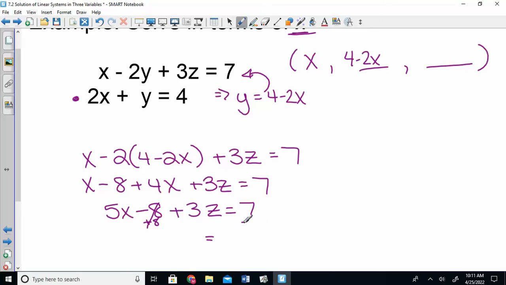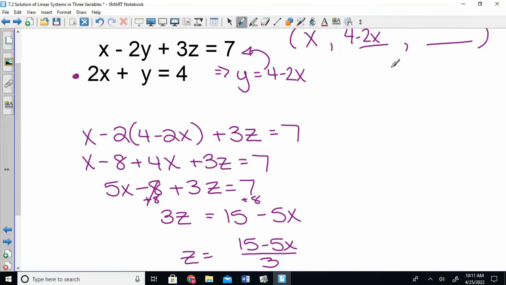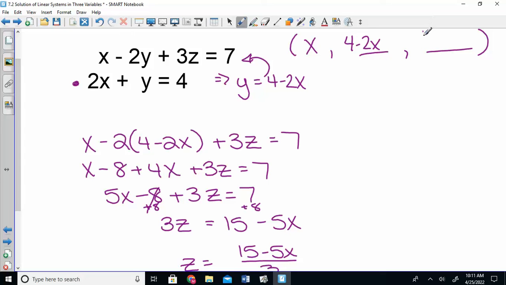So if I add over my 8, subtract over that 5x, and then my final step would just be to divide by 3. So we get 15 minus 5x divided by 3. Or you could write that as 5 minus 5/3x. Those are equivalent, so either one is fine.